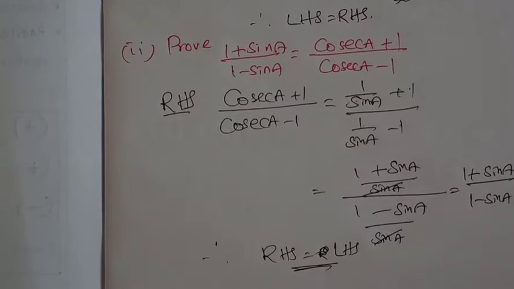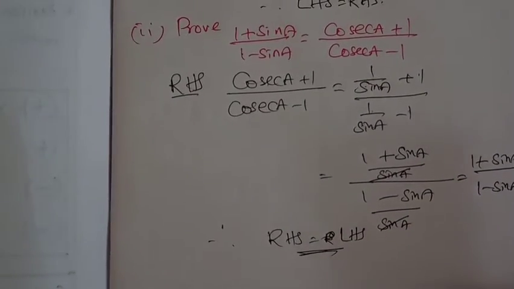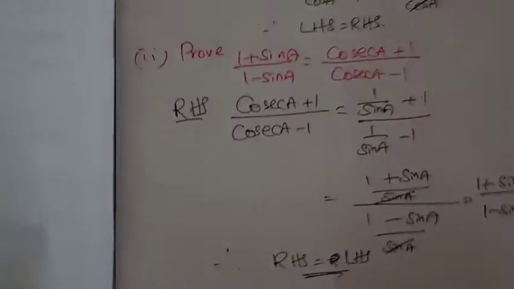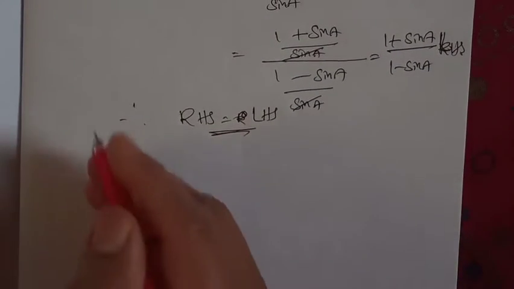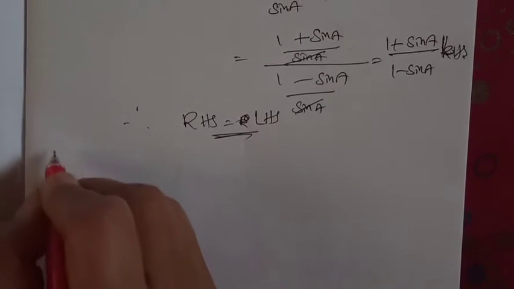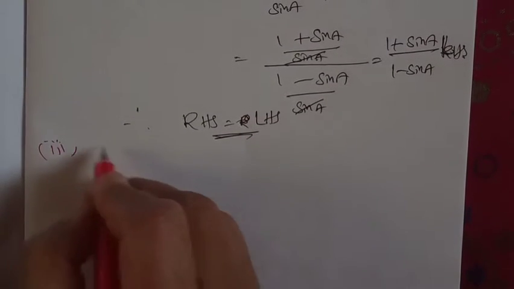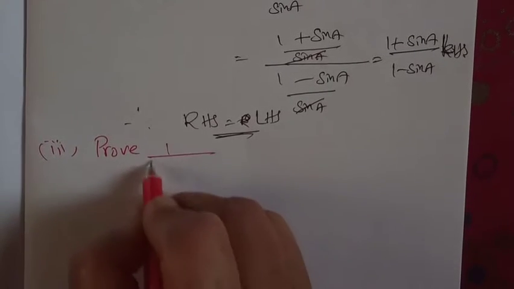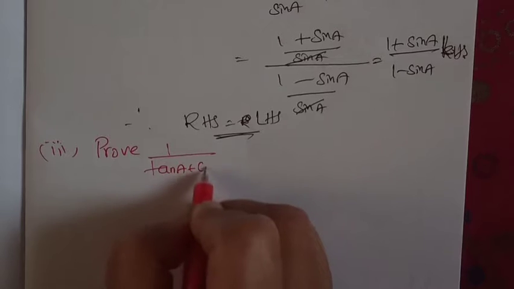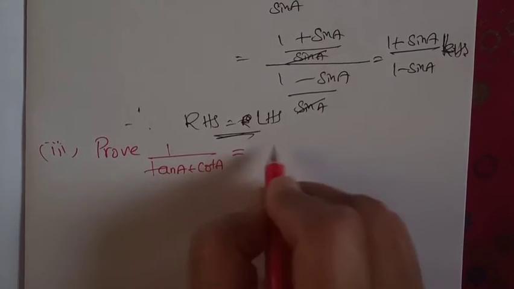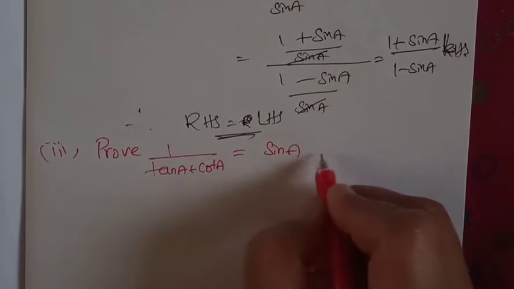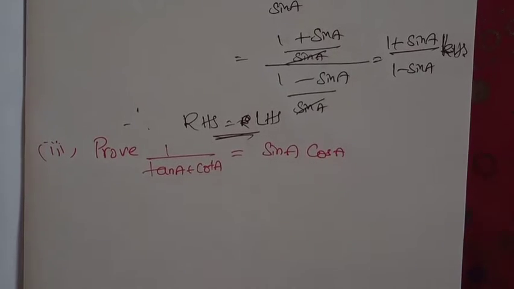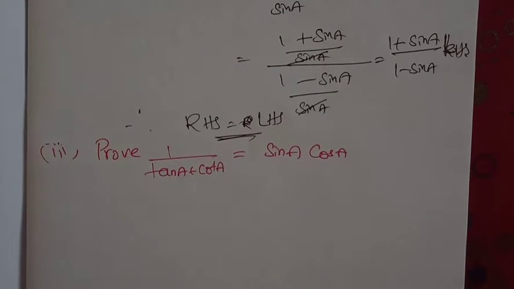Yes. Next question. Question number 3. What is question 3? Prove that 1 by (tan A plus cot A) is equal to sin A cos A. Okay, children?